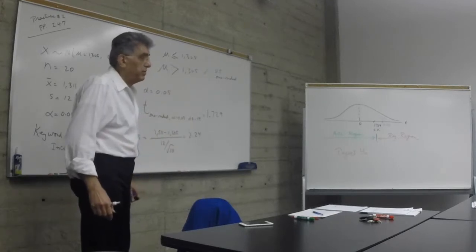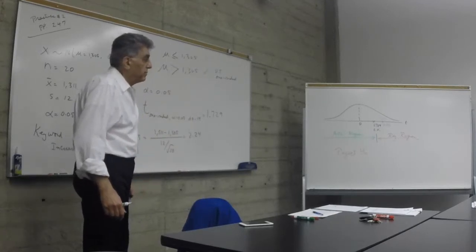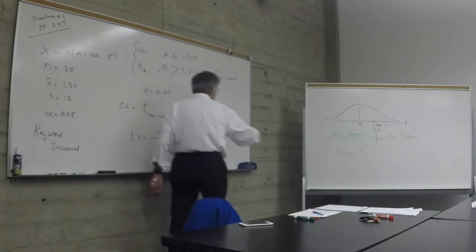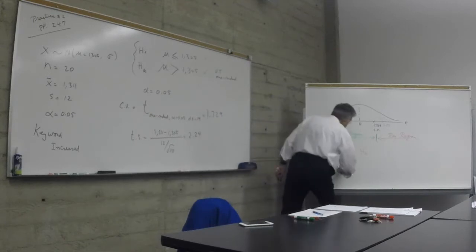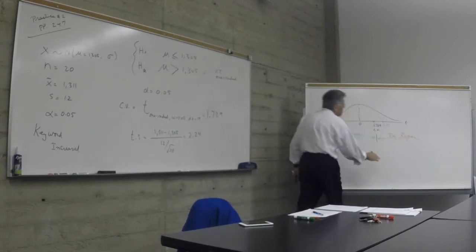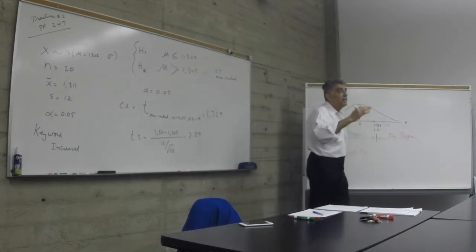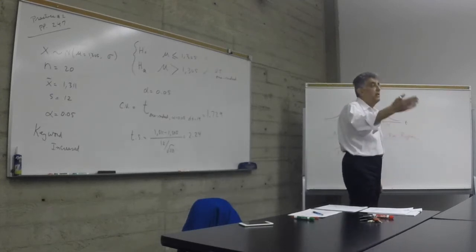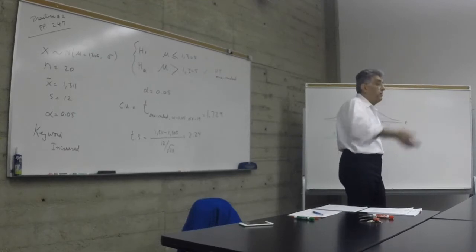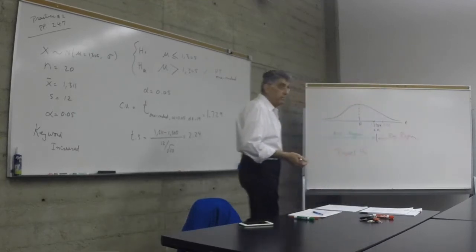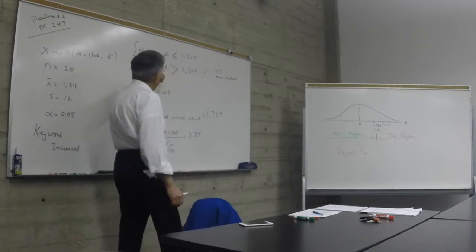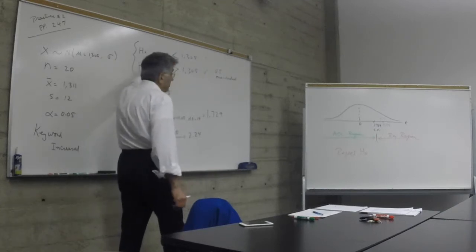That's the conclusion. So by maintaining this alternative hypothesis, in English, we say we are 95% confident that the modification of the battery increased its life expectancy beyond 1305. We're going to maintain this hypothesis. We're going to reject this one.